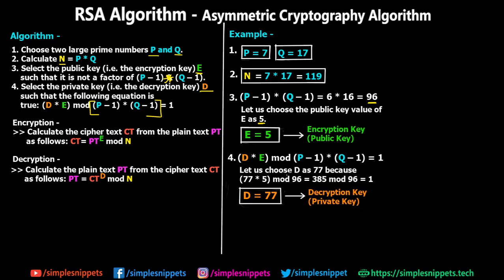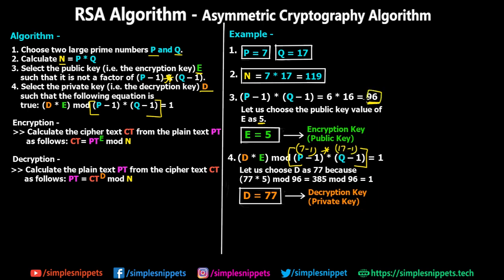This is that equation, d * e mod (p minus 1) * (q minus 1) equals 1. What I am choosing is, let us choose d as 77. I already know all these values, but you can select your own value and put it in this equation and get the result as 1. For simplicity, I've already calculated these values. So I'm choosing d as 77 because 77 * 5 mod 96, and this mod 96 is coming from this equation, that is 7 minus 1 * 17 minus 1, and when we multiply this we get 96, right?